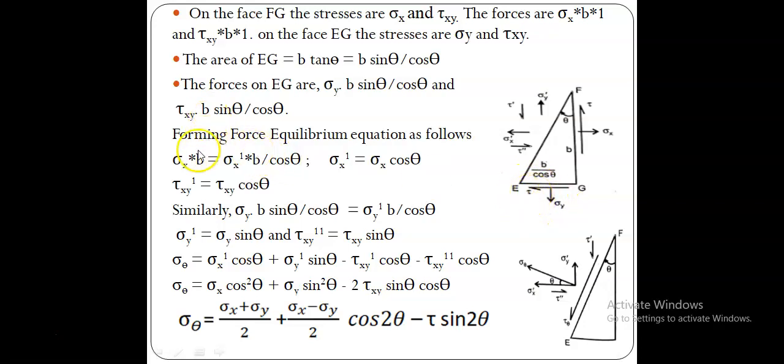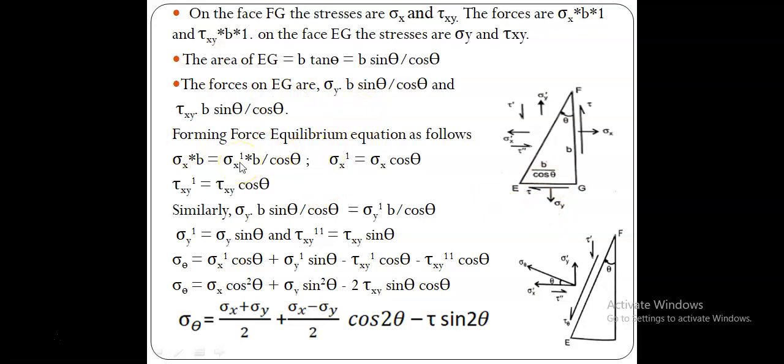The forces on EG are, one, the normal force sigma y into B into sin theta by cos theta into 1, and another, the shear force tau xy into B sin theta by cos theta. These two forces are acting.